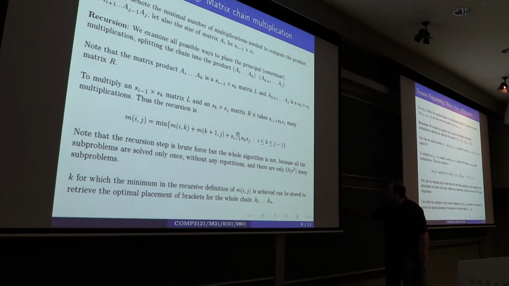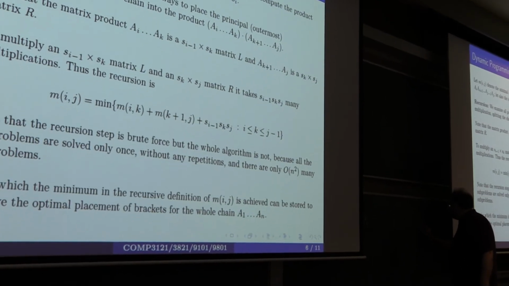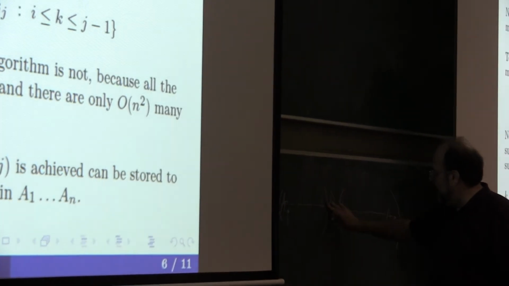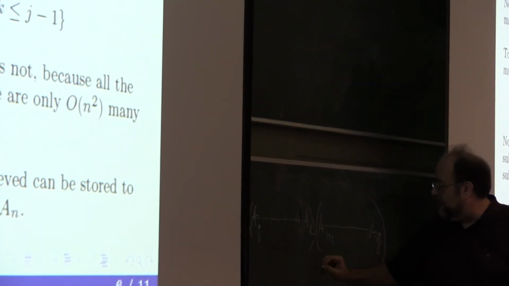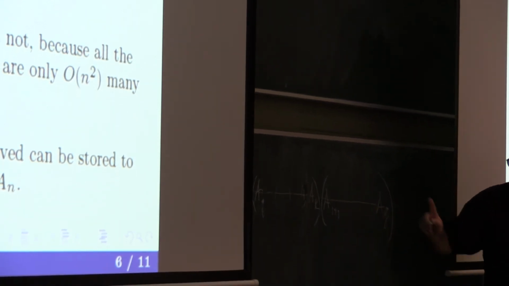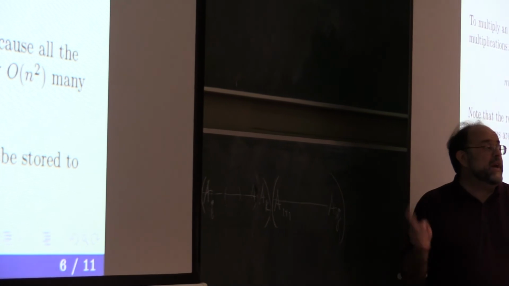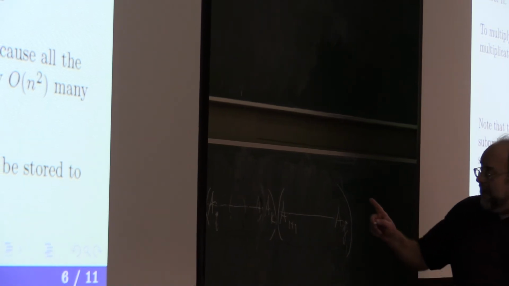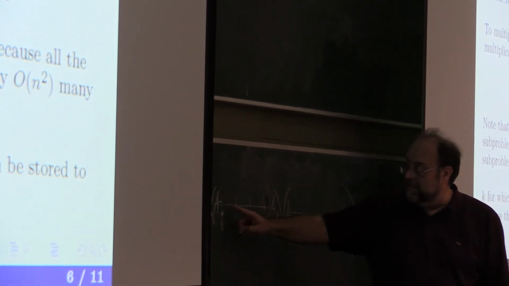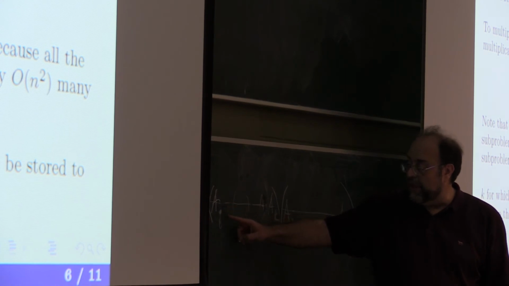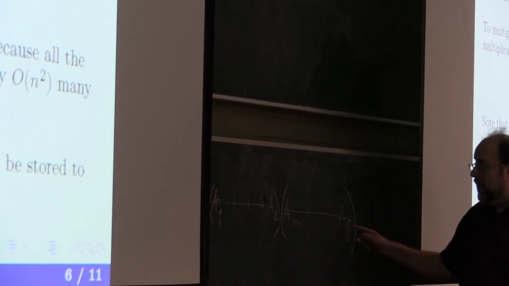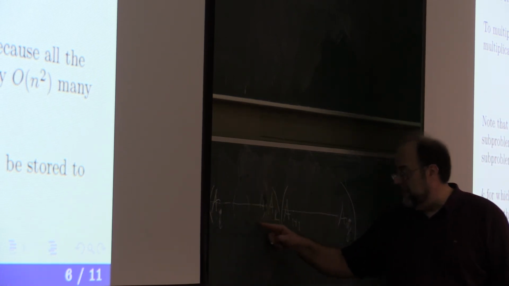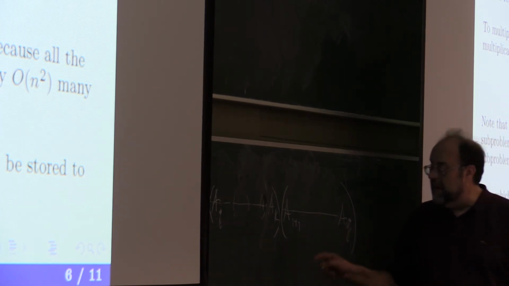So here is now AI, and here is AJ, and somewhere in between is AK. So now we are simply going through all possible places where to put the principal operation, the last multiplication. And this can be done by splitting the whole chain in the following way: AI, and then the product of all of them, and then AI plus 1, and then the product of all the remaining, and so forth.